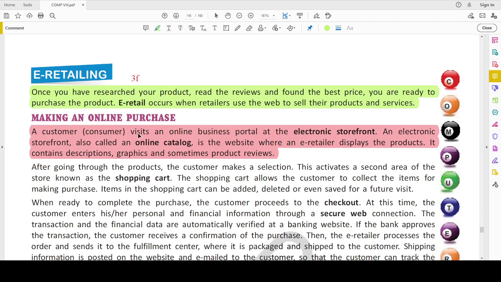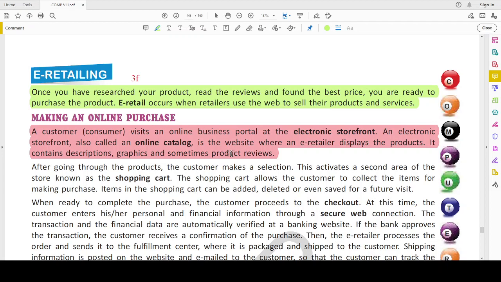A customer visits the online business portal, the electronic storefront or the online catalog. It is the website where an e-retailer displays the product. It contains descriptions, graphics, and sometimes the product reviews. Right?